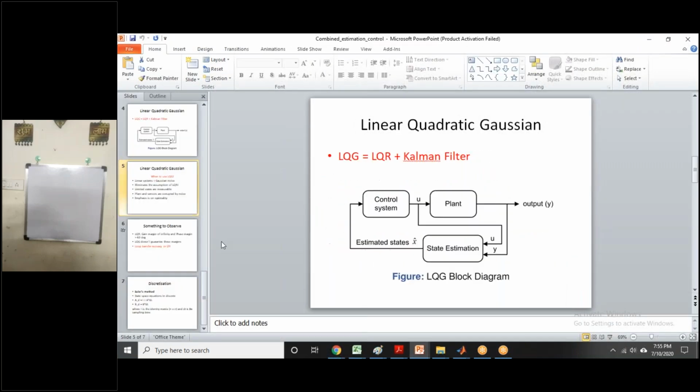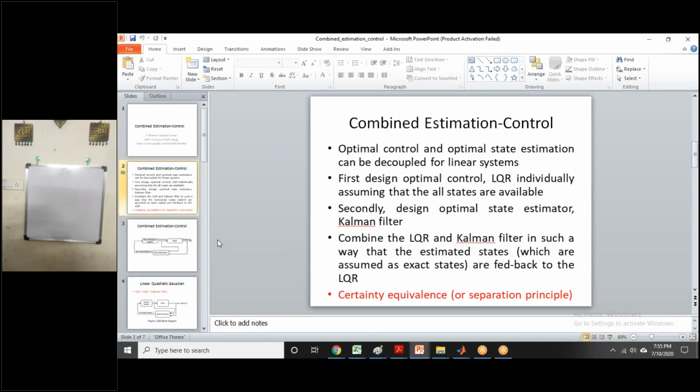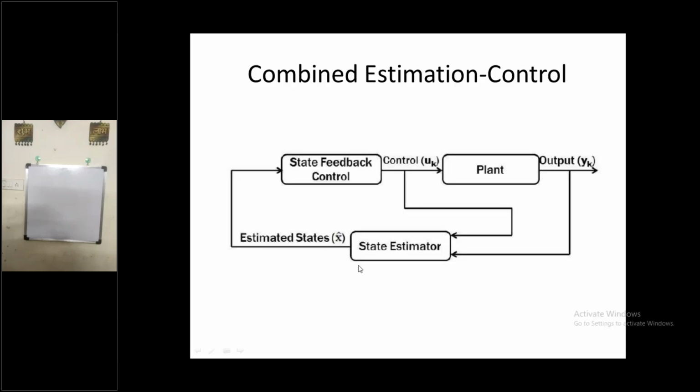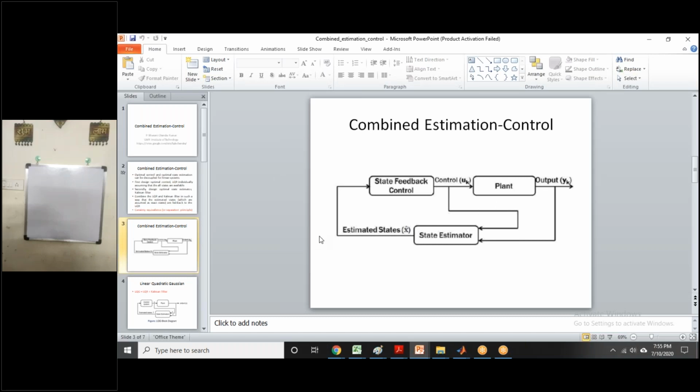Combined control and state estimate, I will just briefly throw you some ideas. This is the one. Generally, from the control and the output, you get the state, and the estimated states are given to the controller.